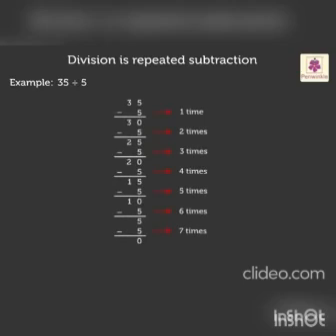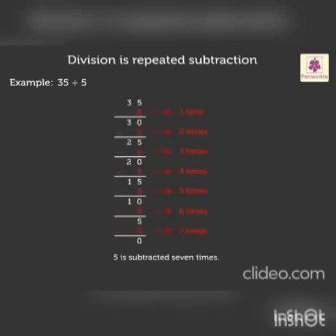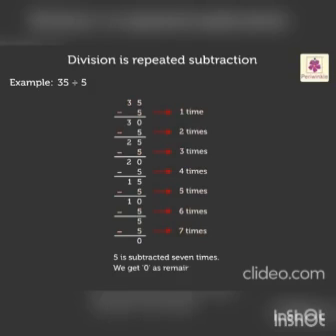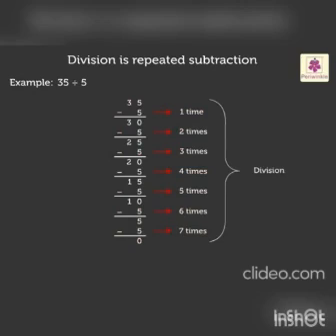Look at this here. 5 is subtracted repeatedly 7 times from the number 35 to get the remainder as 0. The process of repeated subtraction is called division. We also know division can be done like this.